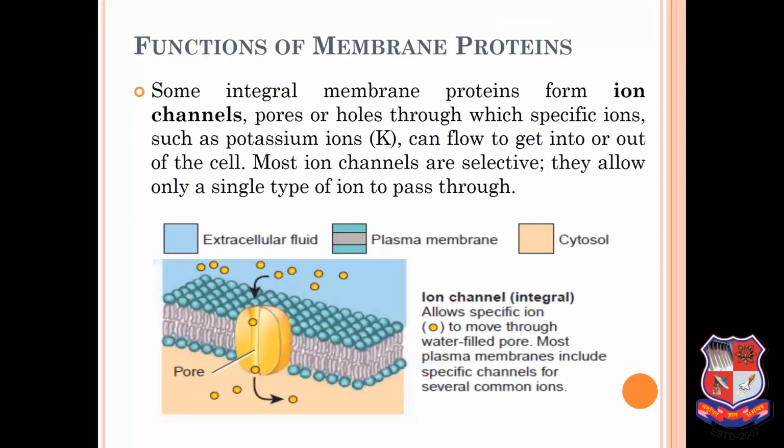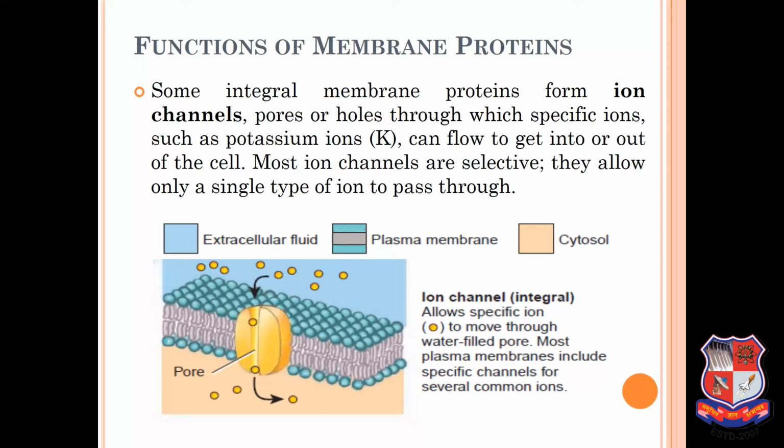Now the second portion of today's lecture is the function of the cell membrane, the functions of the membrane proteins. The first function is that some membrane proteins form ion channels. They form channels, pores and holes, and through these specific ions such as potassium ions can flow into or out of the cell.